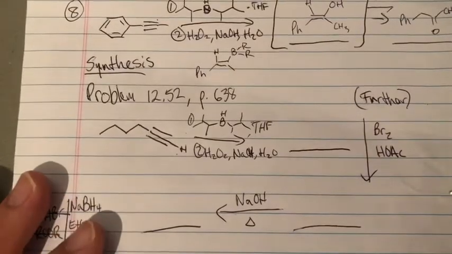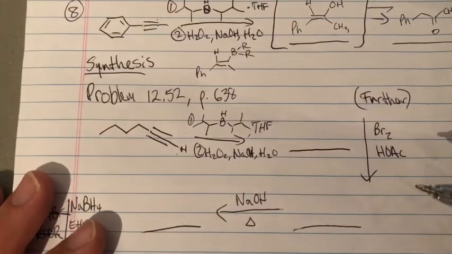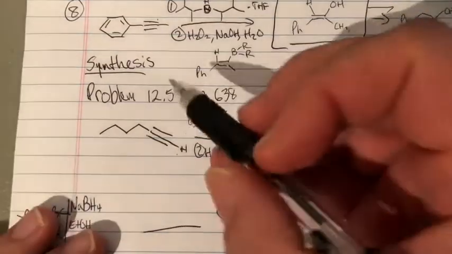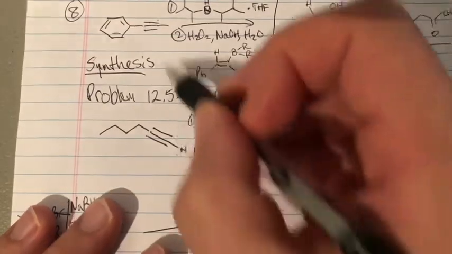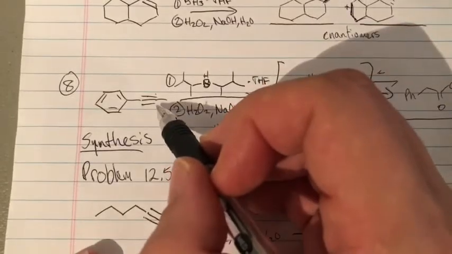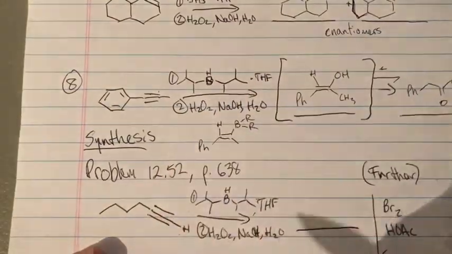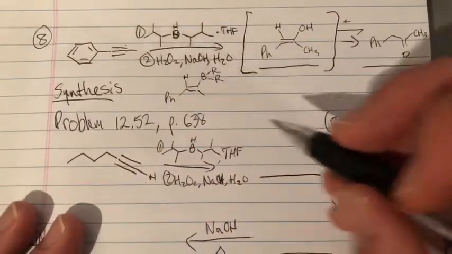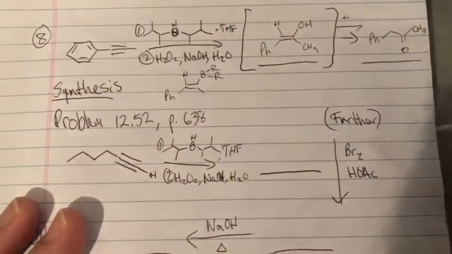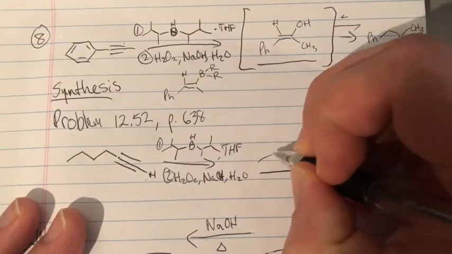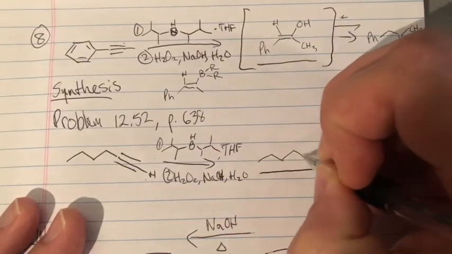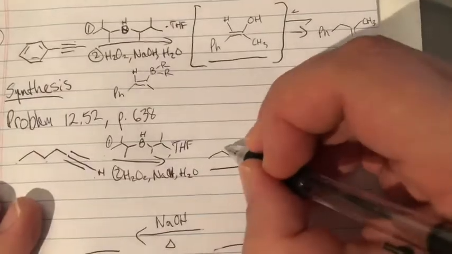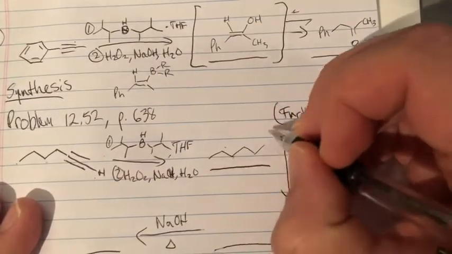Okay, so let's apply this to synthesis and wrap things up. So for the first step here, since this is terminal as opposed to disubstituted, what you see here, this alkyne is actually going to get transformed into, let's see, 1, 2, 3, 4, 5, 6.